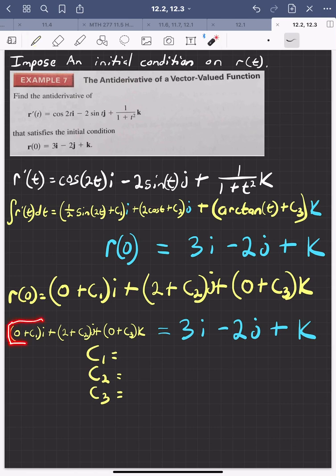Well, if you set i component equal to i component, 3i must equal 3i. So what must c sub 1 be in order to make that a true statement? Well, c sub 1 must equal 3.